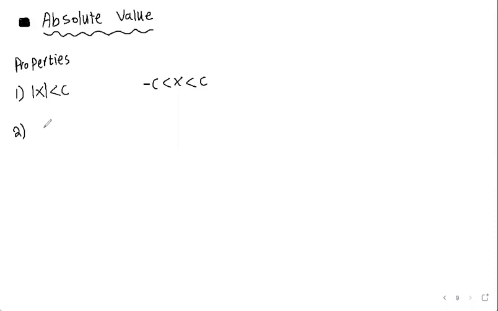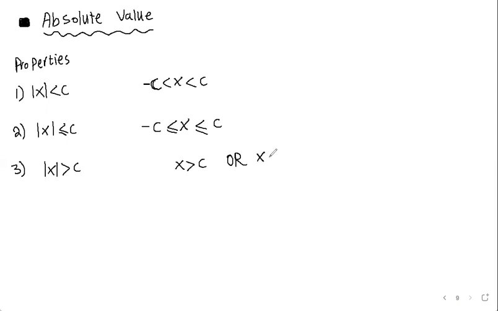Number 2, if the absolute value of x is less than or equal to c, same thing: x is between negative c and positive c, including both. 3, if the absolute value of x is greater than c, we solve it as x greater than c, or x less than negative c. 4, if the absolute value of x is greater than or equal to c, same thing: x is greater than or equal to c, or x is less than or equal to negative c.